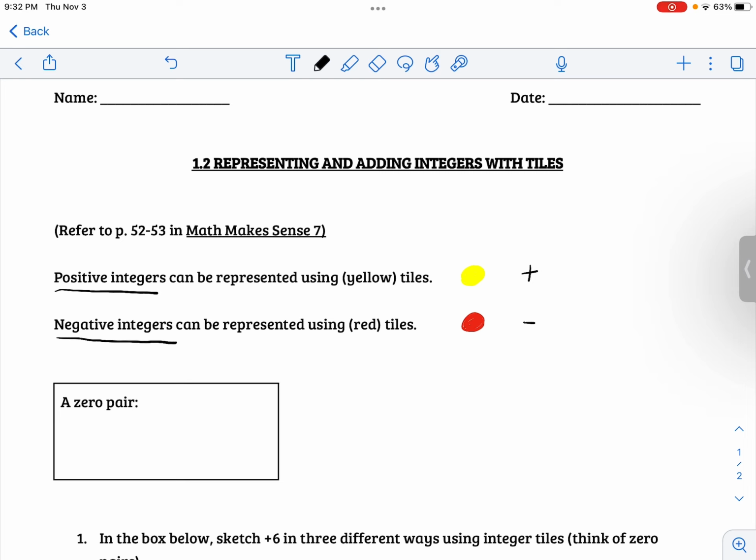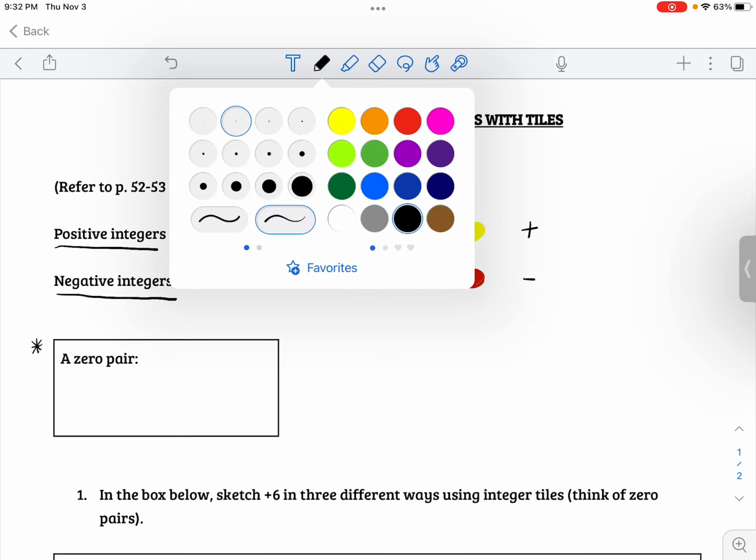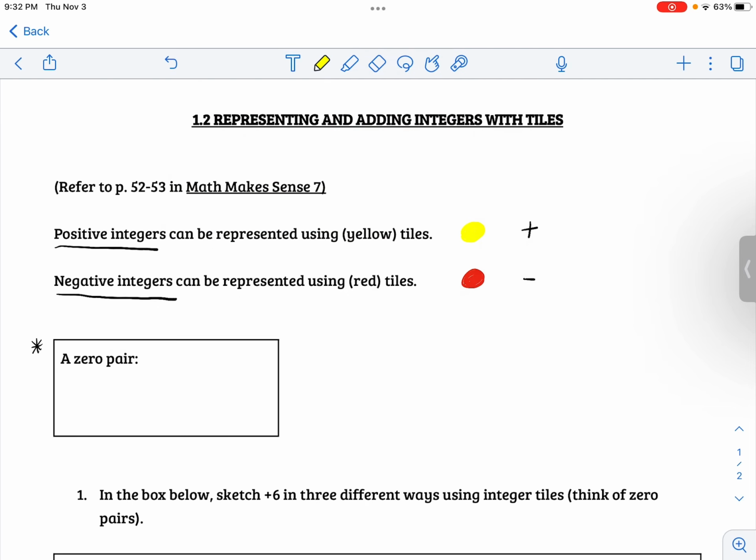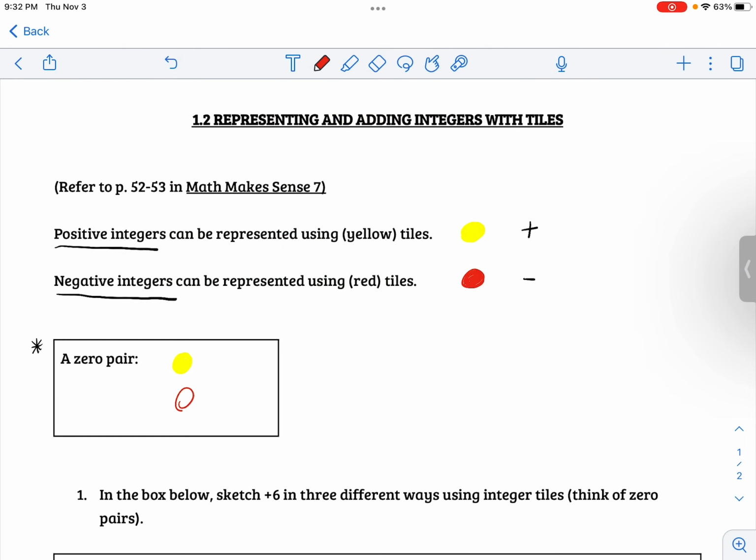Now, the key component of this lesson is understanding what a zero pair means. So a zero pair is when you have one of each, a yellow and a red together. They cancel each other out, so they neutralize each other because you have what we call a zero pair.